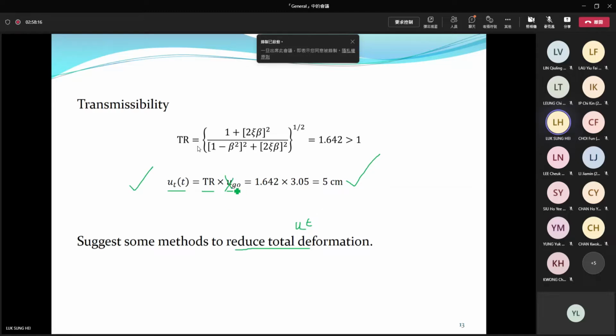So the only chance is to decrease TR. If TR decreases, then UT decreases. That can fit the problem. How to reduce TR? When you just look at the equations, I think it's quite difficult to figure out how to reduce TR.